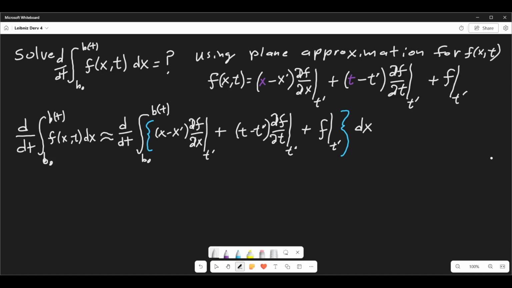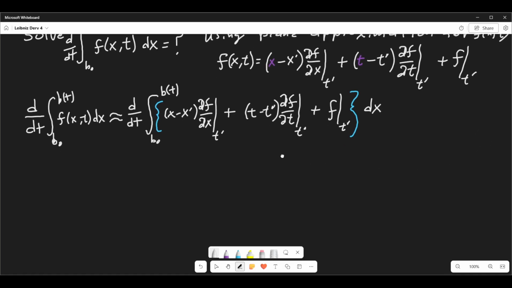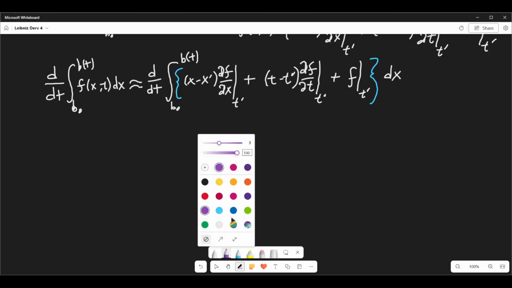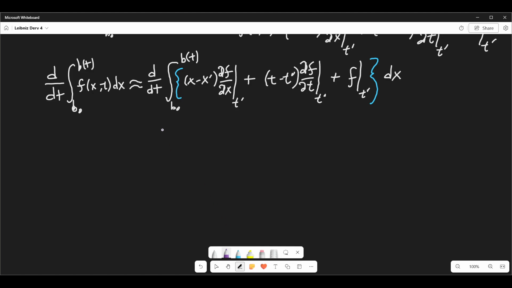Okay, so the next step is just a fair amount of algebra, which I'm going to skip. There's a few tricks to it. One of the tricks is this.